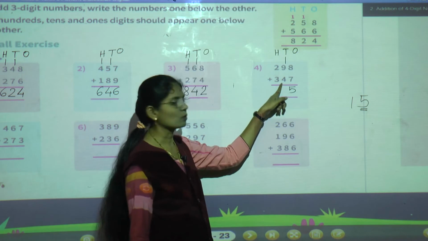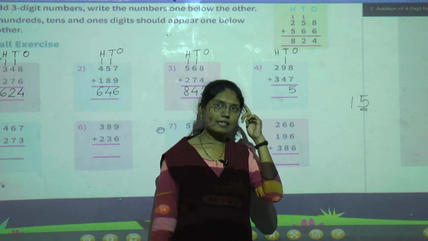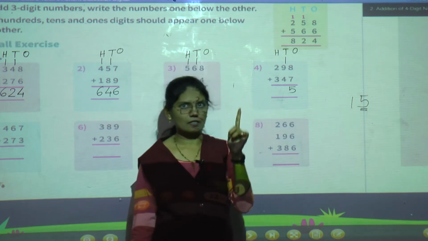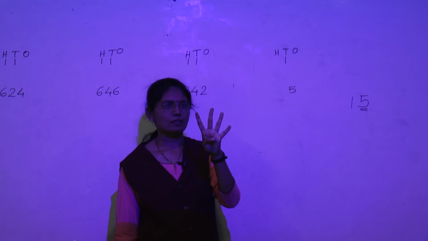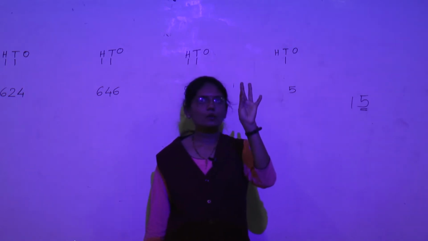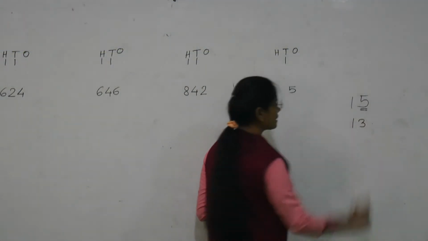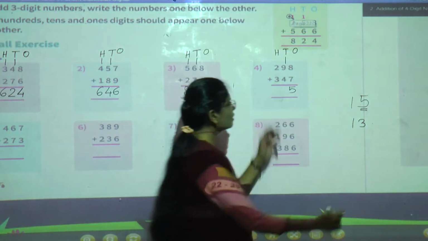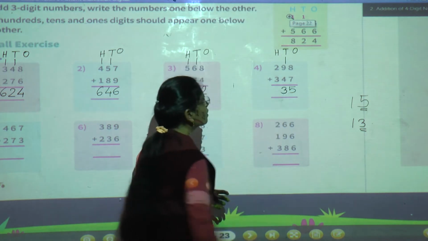9 plus 4, show your 4 fingers. Okay. Now which number is there in our mind? Yes, 9 is there. So after 9 count 4 fingers. 10, 11, 12, 13. So if 13 is there, which number will we write here? Yes, we will write 3.